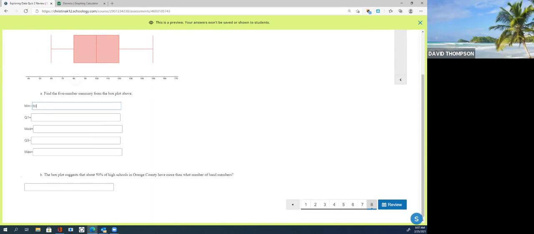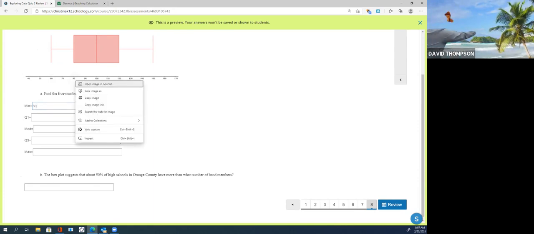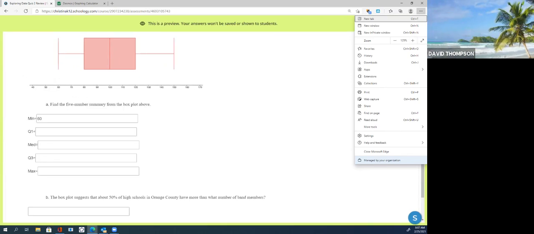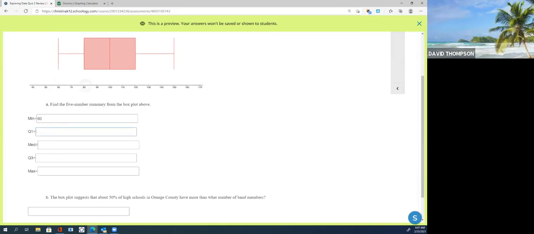The next line appears at what looks like 80. Let me try to zoom in just a little bit. So the next line would be at 80, so that's where my Q1 is. My next line would appear at 100.